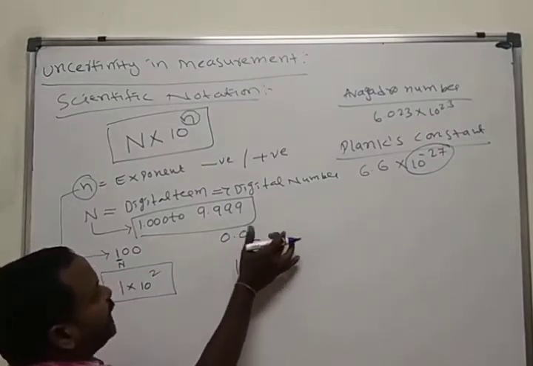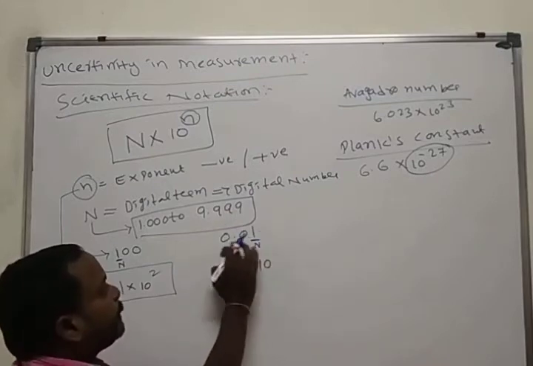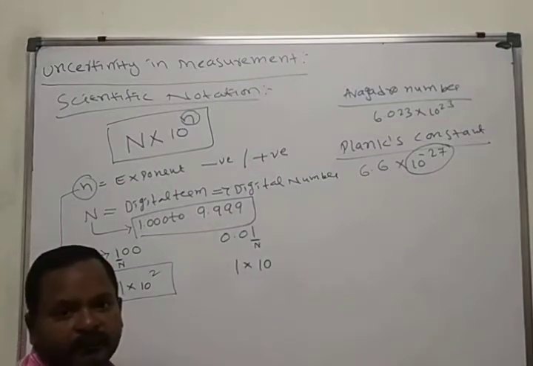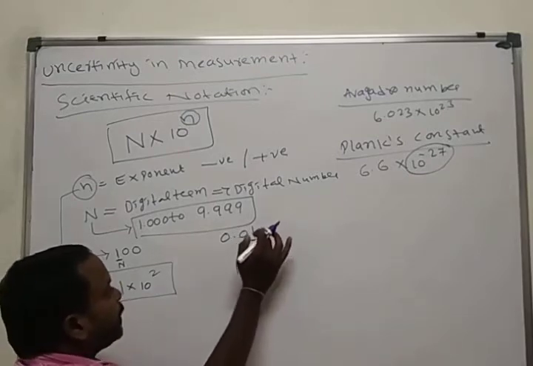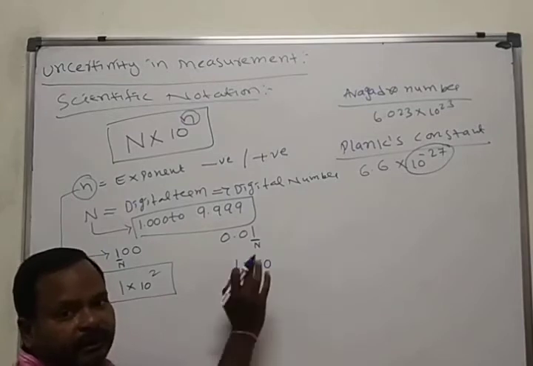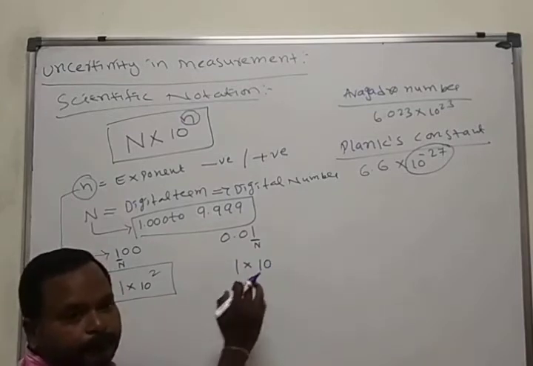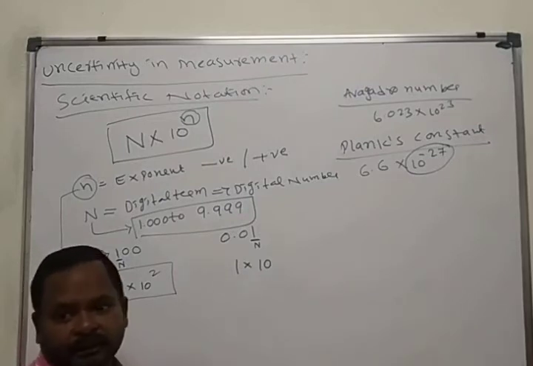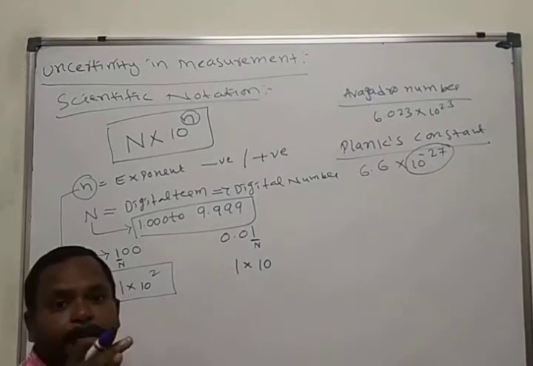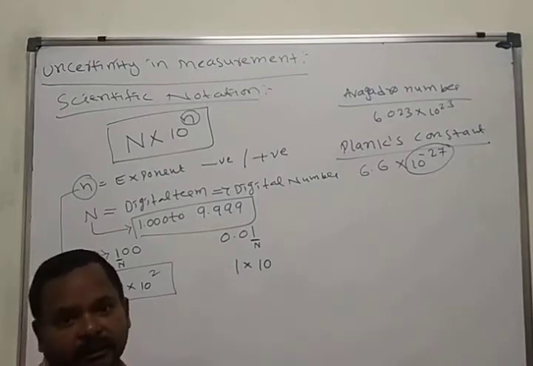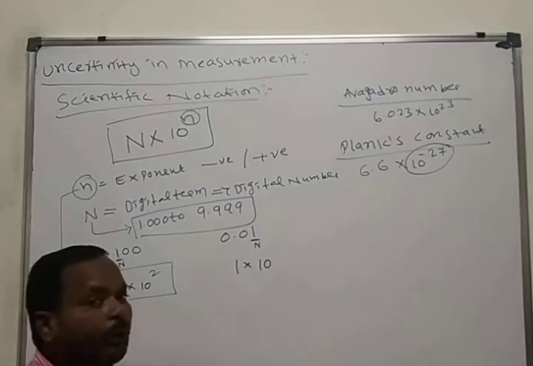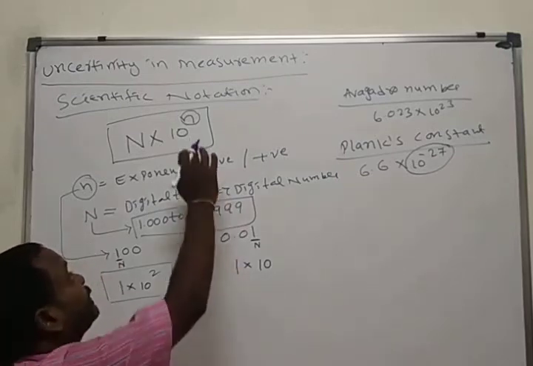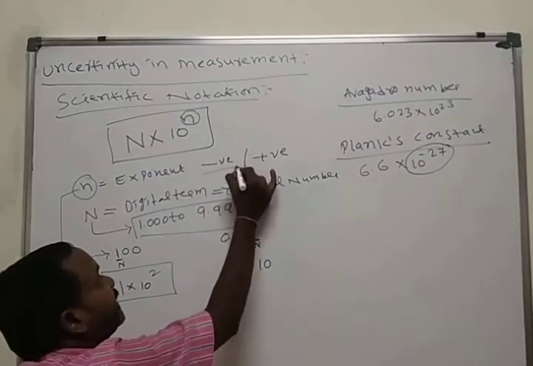Okay, how to write the scientific notation of 0.01? Here I wrote the number, the initial number, and the base. Zeros and the decimal point are present before the number, so the exponent should be negative.